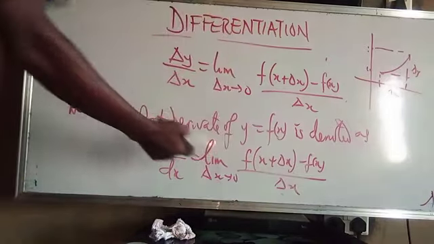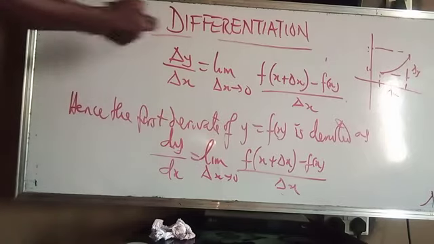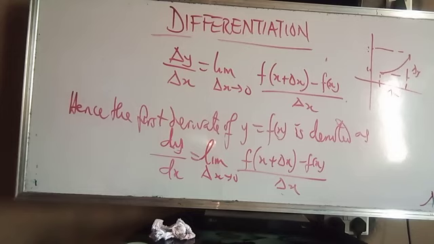So when you take the limit of this, you get dy dx, which is the change in y with respect to x.